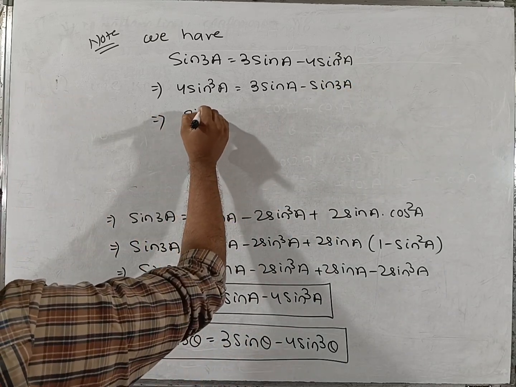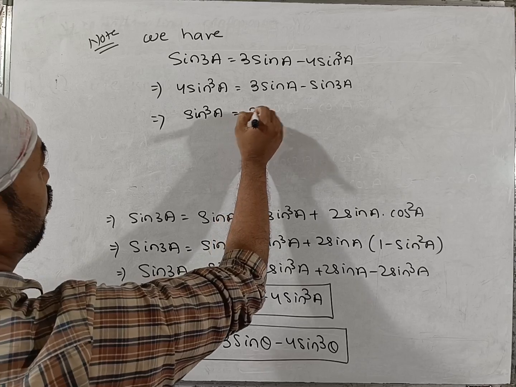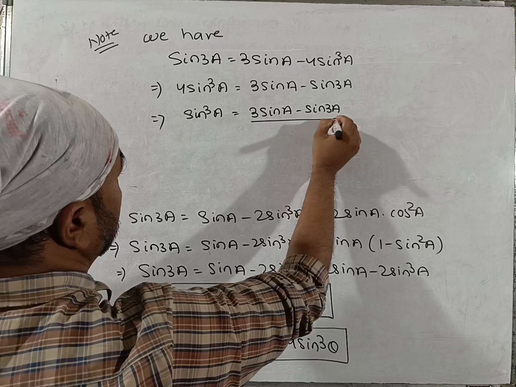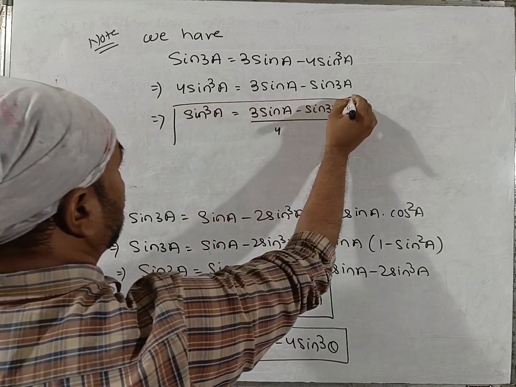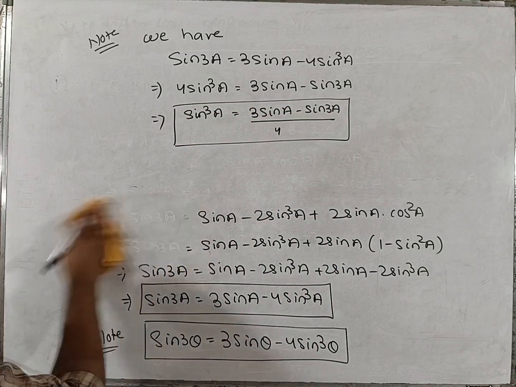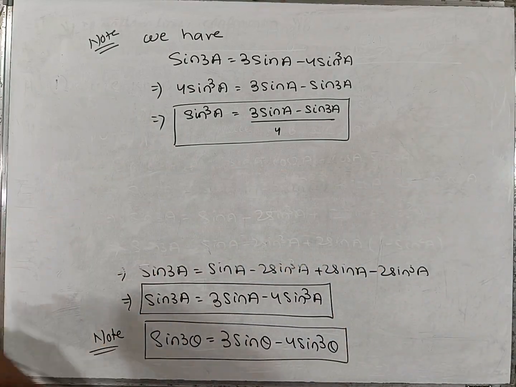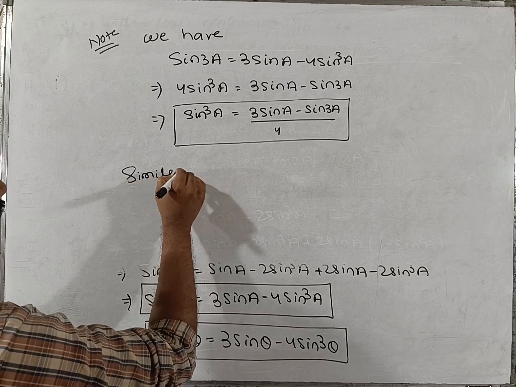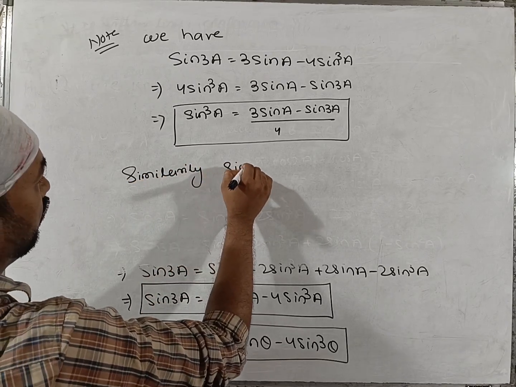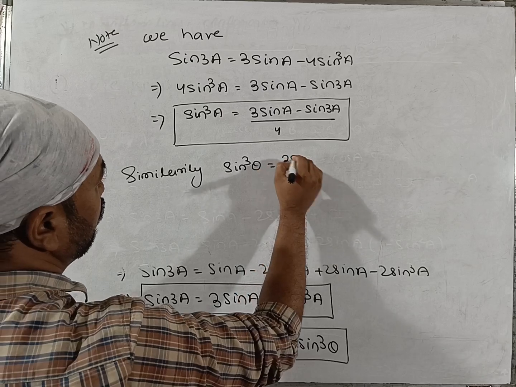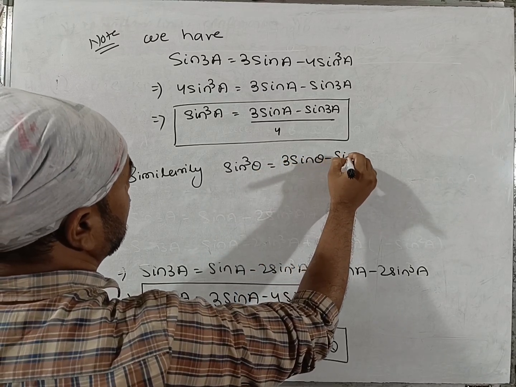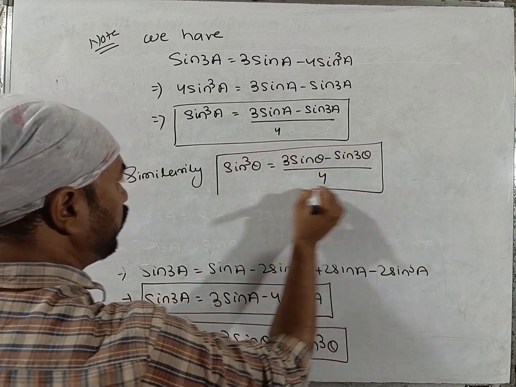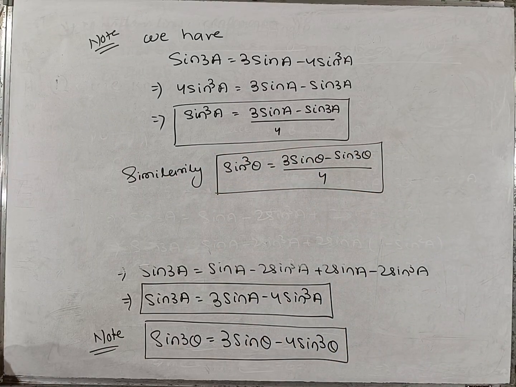Then sin cube a is equal to (3 sin a minus sin 3a) whole divided by 4. Similarly, sin cube theta is equal to (3 sin theta minus sin 3 theta) whole divided by 4. So it is all about the first formula, sin 3a.